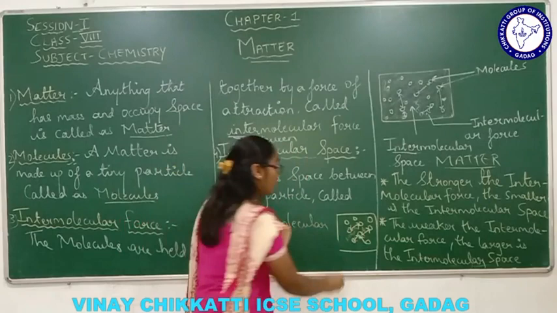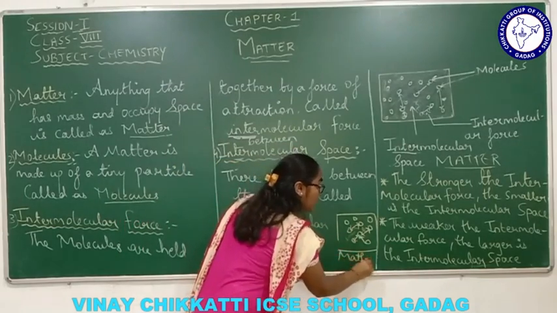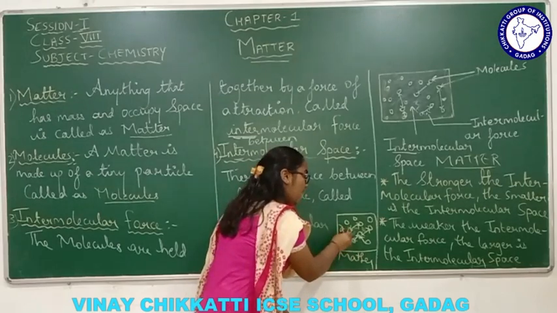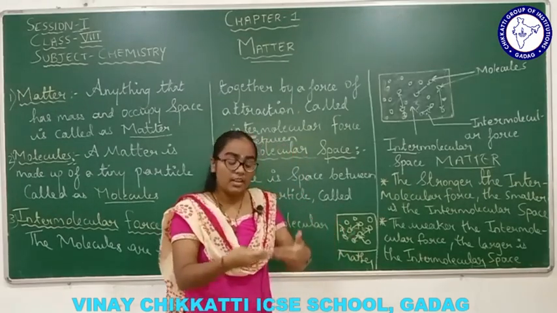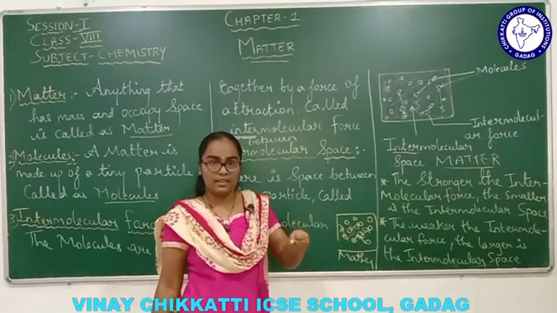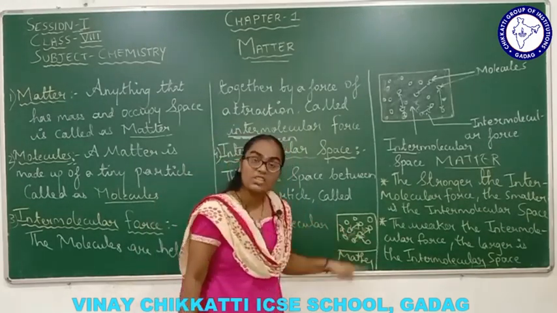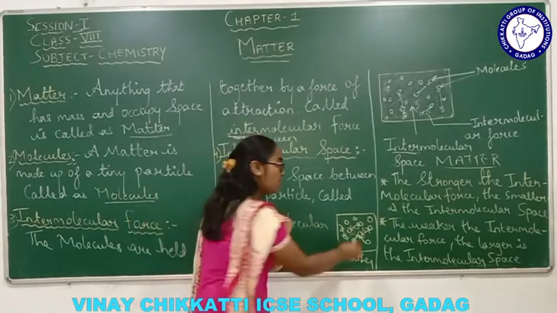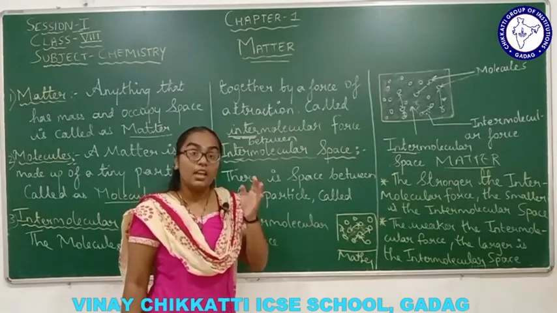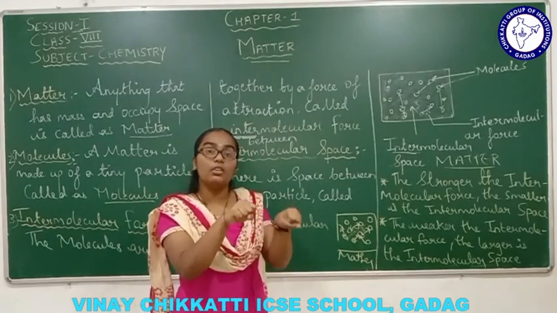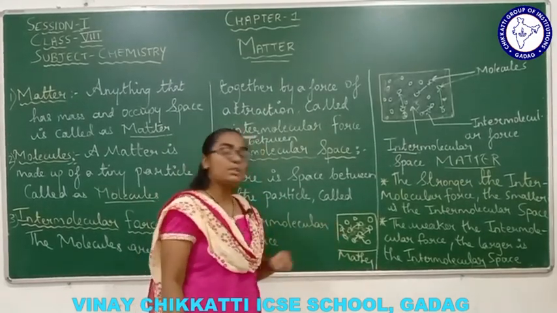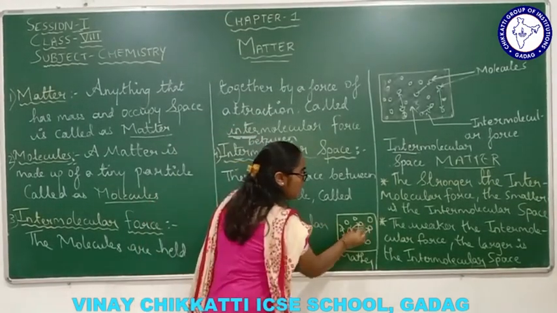I repeat once again. If this matter has many molecules and they are very close together, the force of attraction is very strong, right? With a strong force of attraction between the molecules, the space will be very less. That's common sense. I repeat once again: the stronger the intermolecular force of attraction, the lesser the space between them.